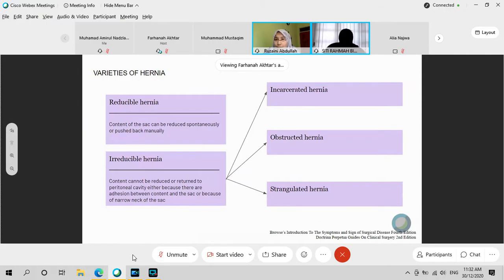That one is actually in Browse. Why didn't you refer to Bailey and Love? What is the definition of incarcerated hernia in Bailey and Love?